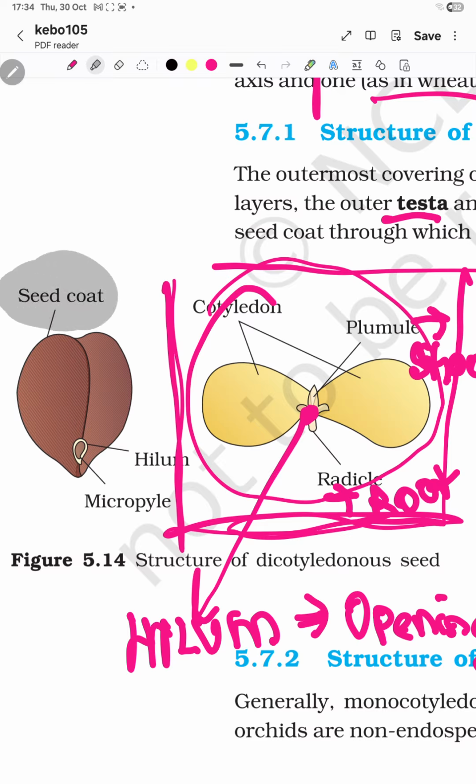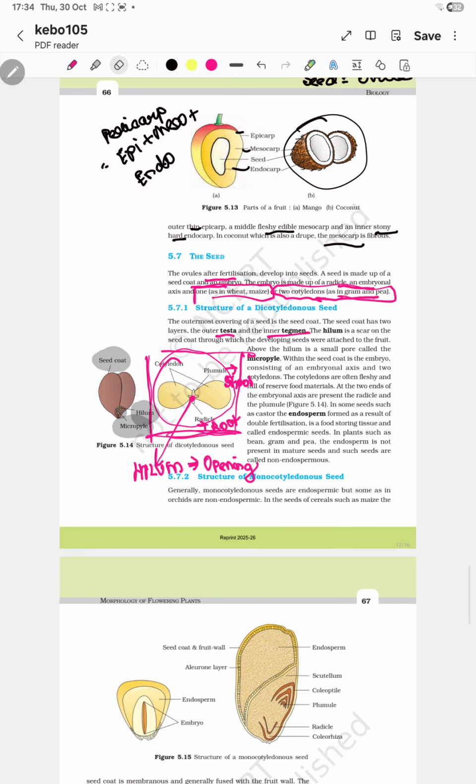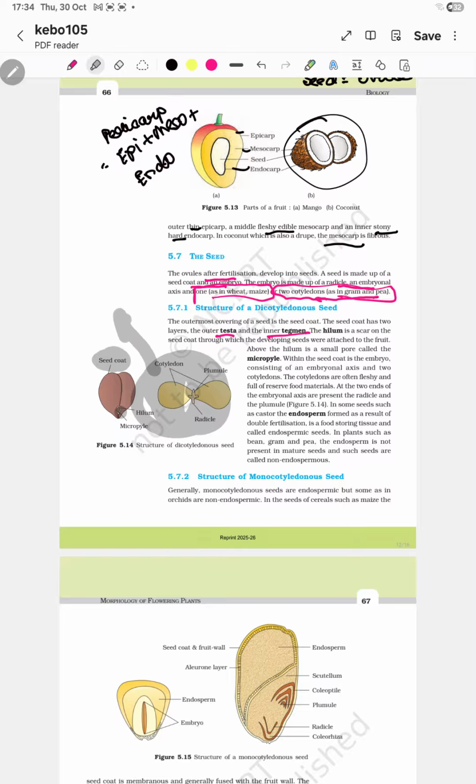It consists of a testa and tegmen, a hilum and a micropyle. Now, inside this seed coat is our embryo. This embryo consists of the two cotyledons and the embryonal axis.